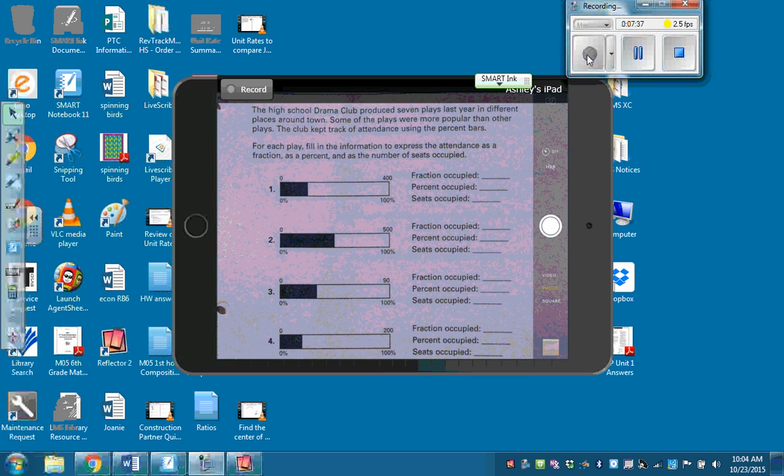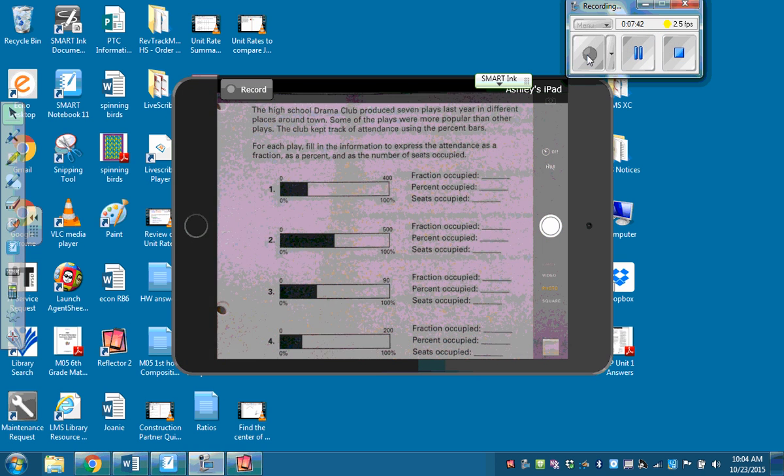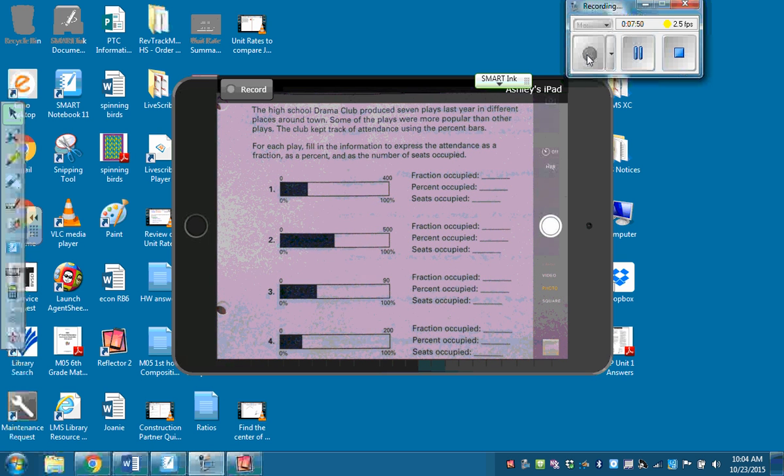Can you guys see that okay? Yes. All right. And last year, in different places around town, some of the plays were more popular than other plays. The club kept track of attendance using the percent bars, and so this page has percent bars for all the different plays. Okay, so for each play, fill in the information to express the attendance as a fraction.